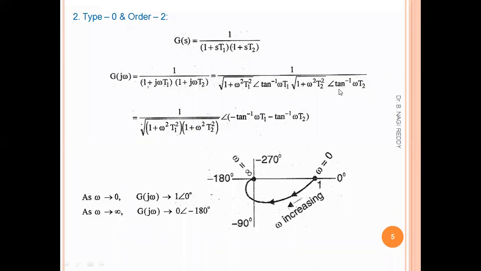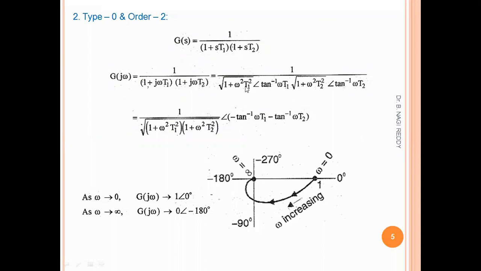So the positive sign will become negative and the negative sign will become positive. Here it is having positive sign, here it is also having positive sign. So the final angle will be in the numerator. The final angle will be minus tan inverse omega T1 and similarly minus tan inverse omega T2. So this is the total final angle.